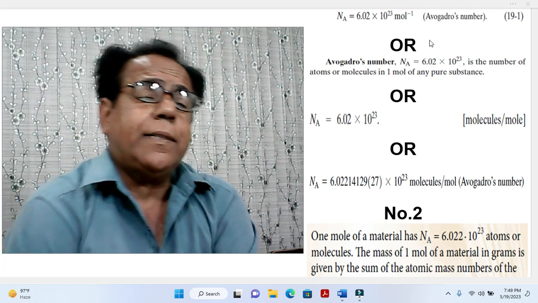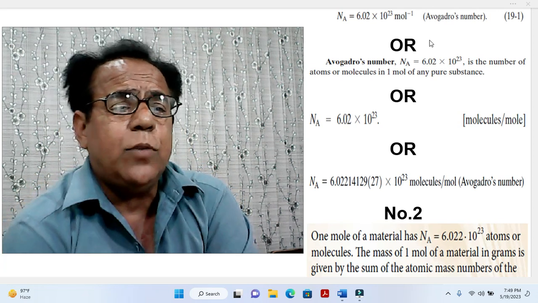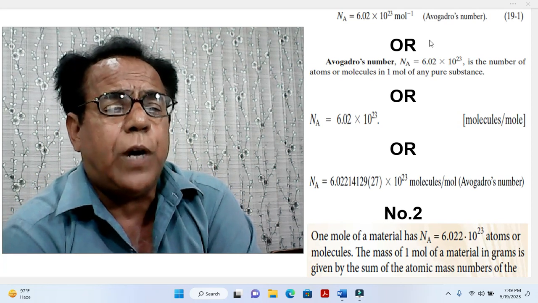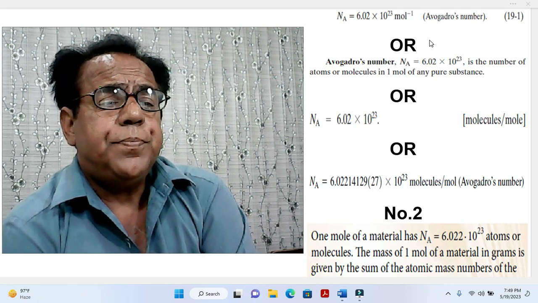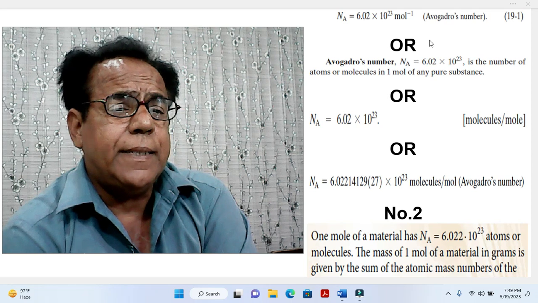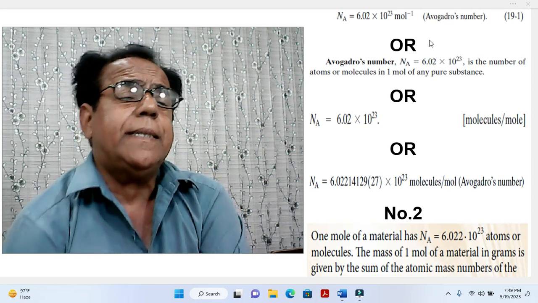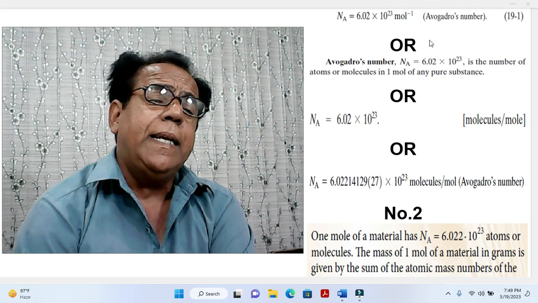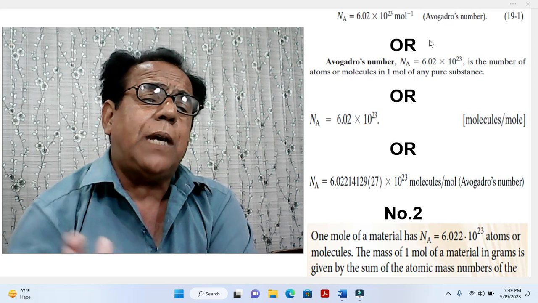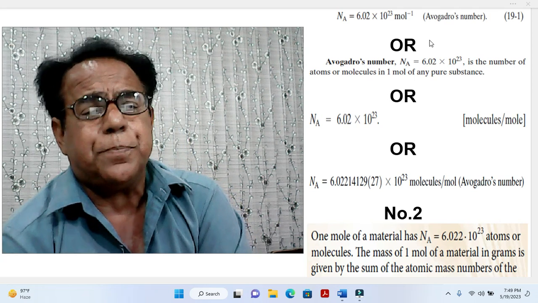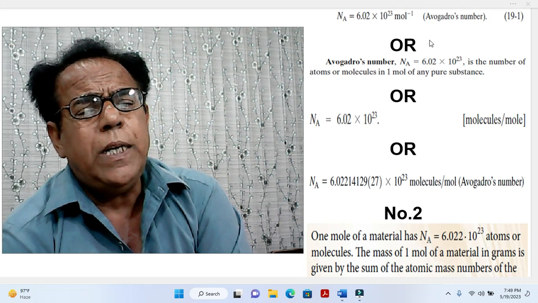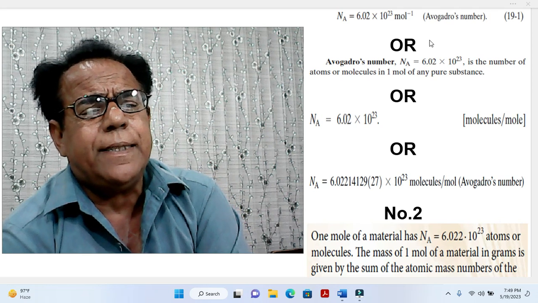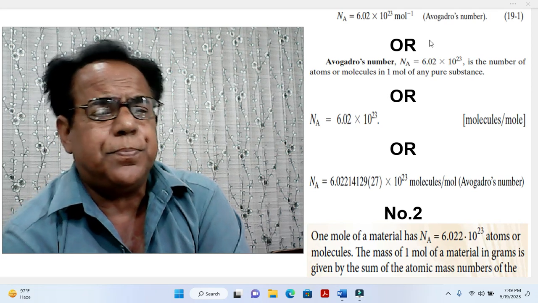Now the next version of this tool: Na equal to 6.02214129, and within bracket it is written 27. It means after the decimal we can expand this expression up to 27 digits, but only the first 2 digits, that is 6.02, is quite enough.